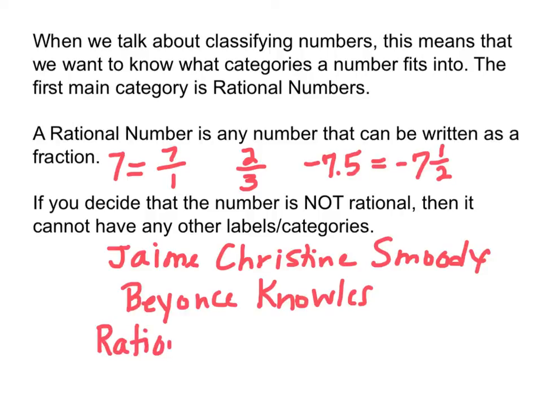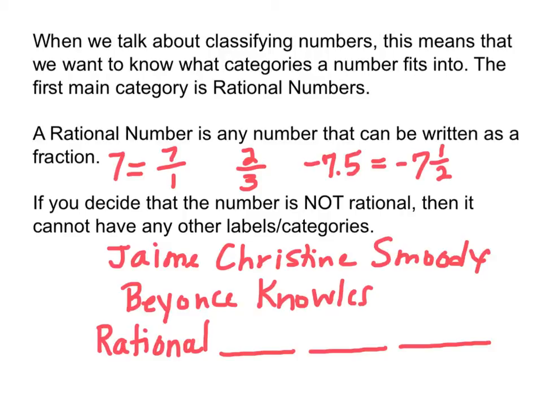Rational would be its first name, and then we're going to talk about some other options for its middle name and last name. It may end up having 4 names, but that's okay. If you decide that the number is not rational, though, then it cannot have any other labels or categories or names. So if it's not rational, then that's all it is: not rational.